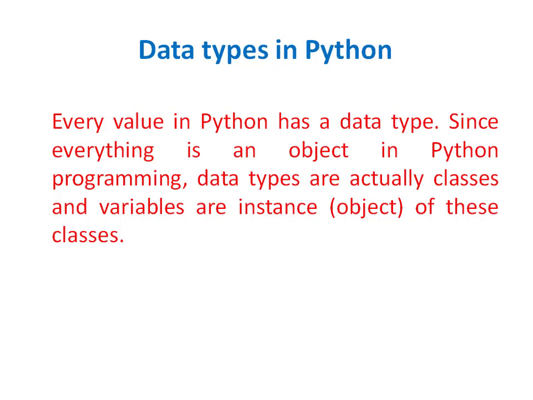So whatever data needs to be stored in Python has to be stored in terms of objects. And what are those objects? They are instances of classes. Everything in an object-oriented language is in the form of classes and objects. So classes are actually the data types and objects are the instances of those data types. That is why we are studying data types.